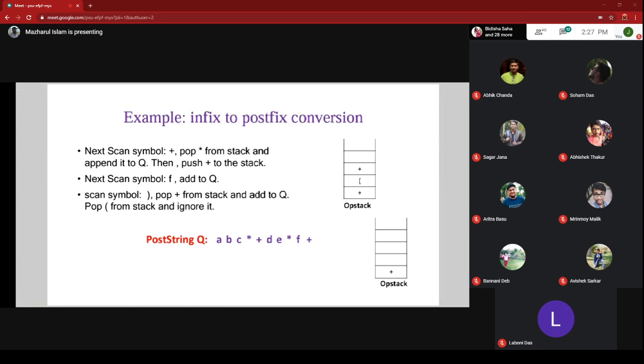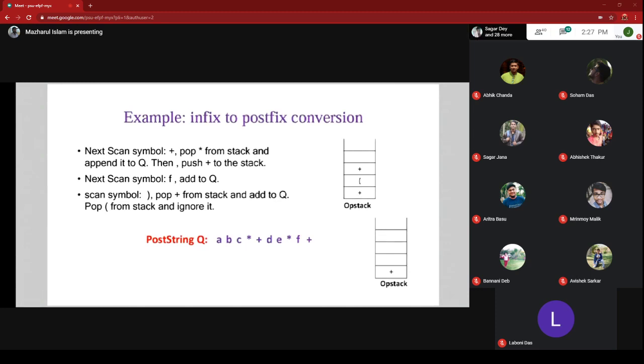In this diagram, the top of the stack is plus, and at this moment you are seeing the right bracket. So you have to pop the symbols from the top of the stack until you reach the left bracket. Only one symbol is here, plus. Plus is popped and appended to the postfix string.